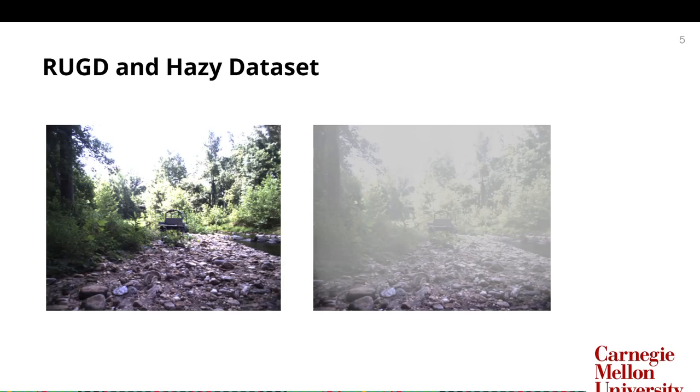And we randomized it immensely, so no two hazy images would look remotely the same. And this has the benefit of making our model much more resilient to real world fog or haze.